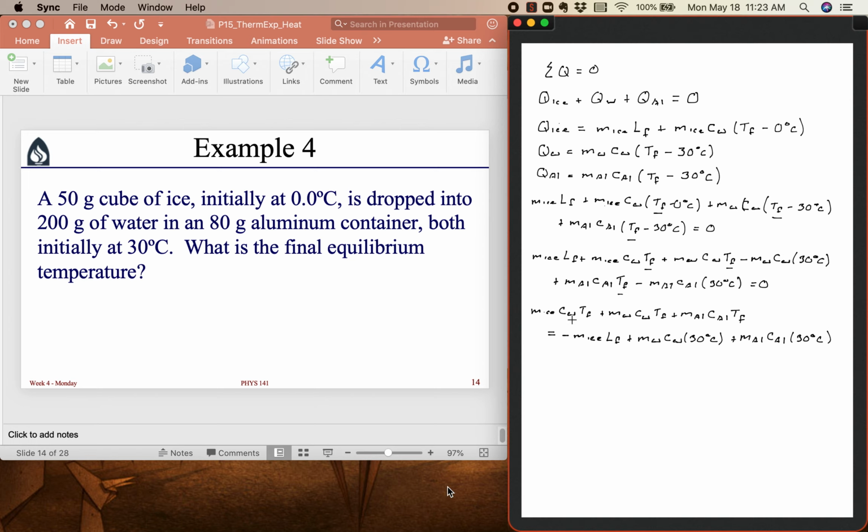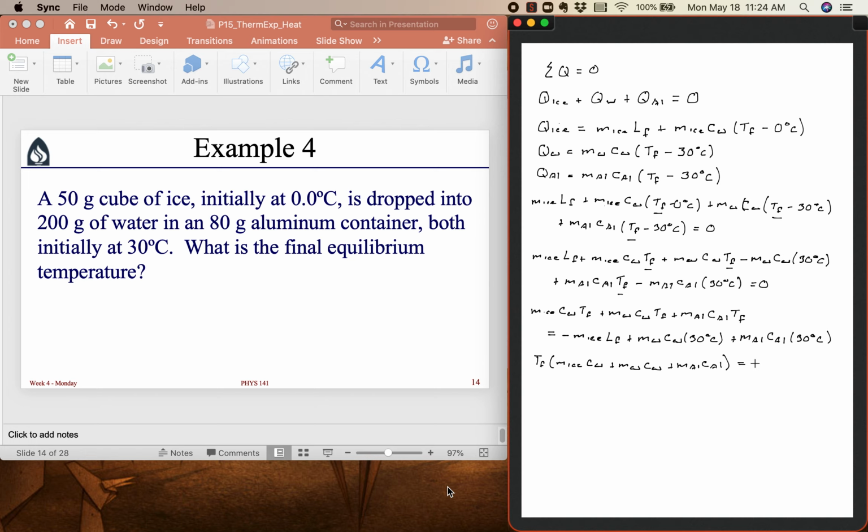Okay, so then I need to factor out a T final out of these three terms. So that's going to give me T final times mass of the ice, specific heat of water, plus mass of the water, specific heat of water, and then plus mass of the aluminum, specific heat of aluminum, and then that's going to be equal to all of this stuff here.